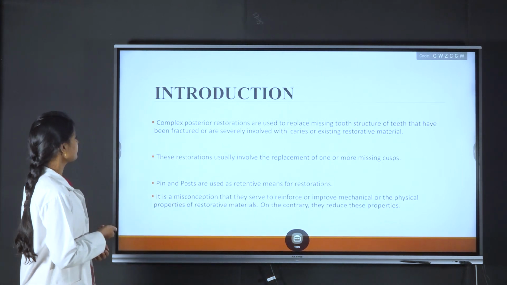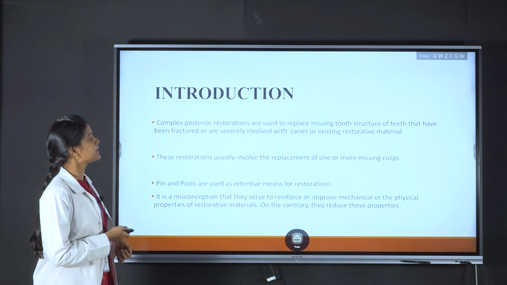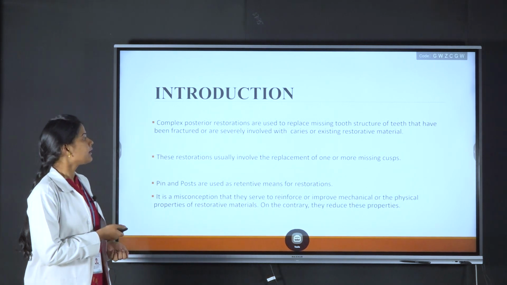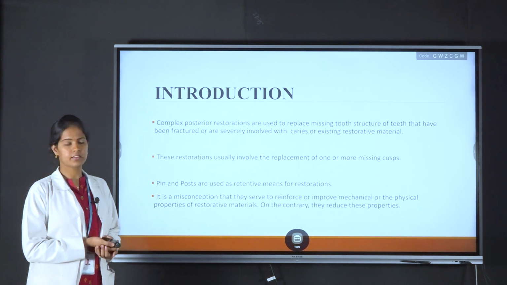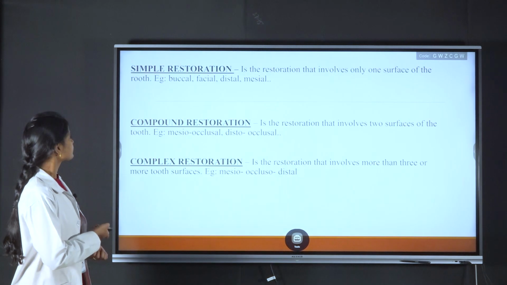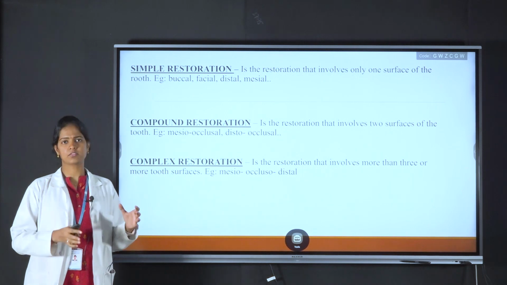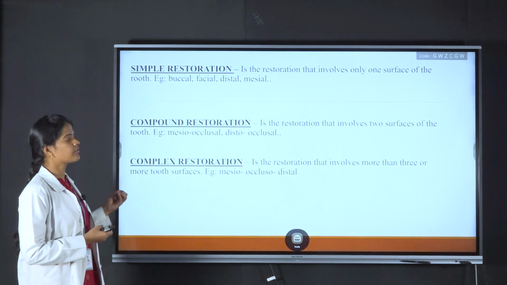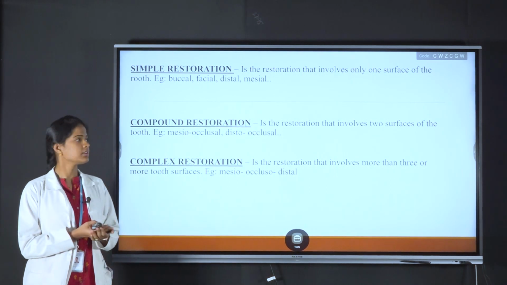Okay. So usually these are used to replace the missing tooth structure of teeth that have been fractured or severely involved with caries or any existing restorative materials. Okay. So what is a simple restoration, a compound and a complex restoration? A simple restoration is one which only involves a single surface of the tooth, right?